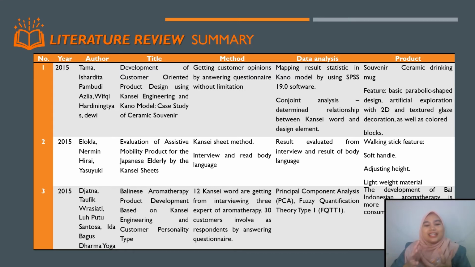The Kansei sheet method needs to be done by interviewing the respondent. It only uses 3 respondents, as well as reading the body language and also ticking the reaction of the respondent. The data analysis is done by evaluating from the interview and also the result of the body language.